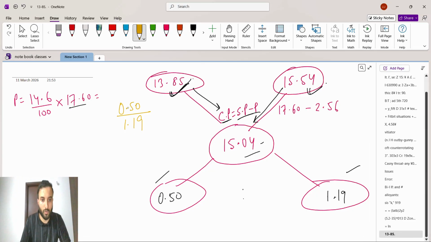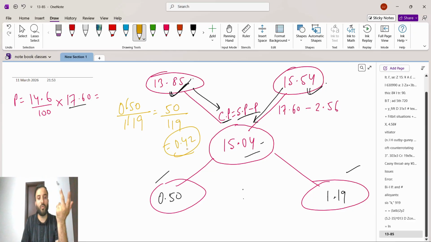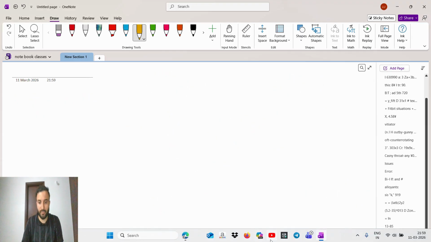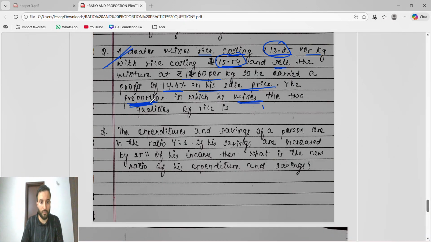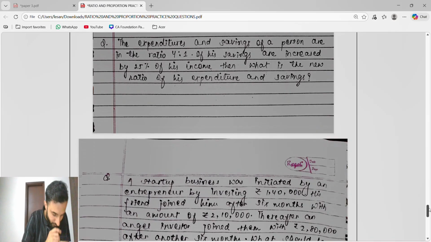This point will get cancelled, so you will get 50 by 119. You can cancel, or otherwise do directly 50 divided by 119, you will get 0.42. Now you will do the trial and error method. In the options, you divide all the options in which you will get 0.42. That is the correct answer. But you have to understand, this is the only one concept of the proportion. Okay, this is important. Now next.